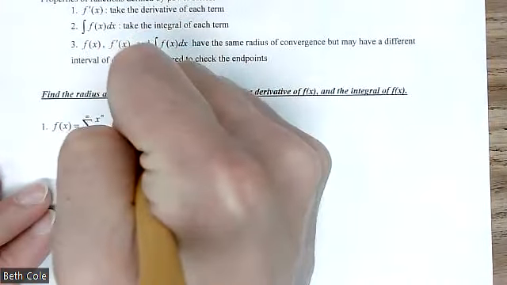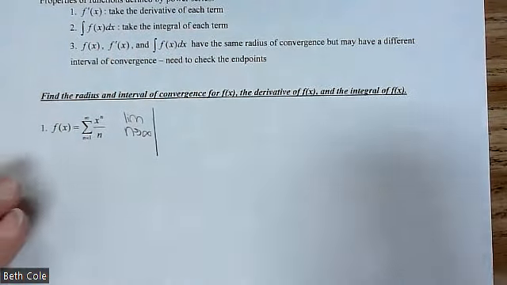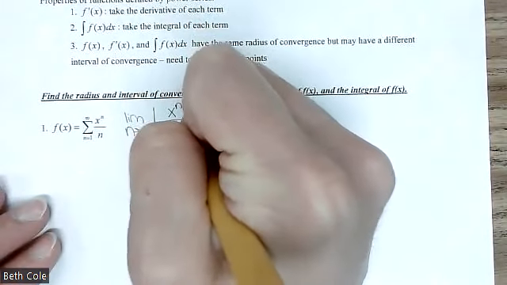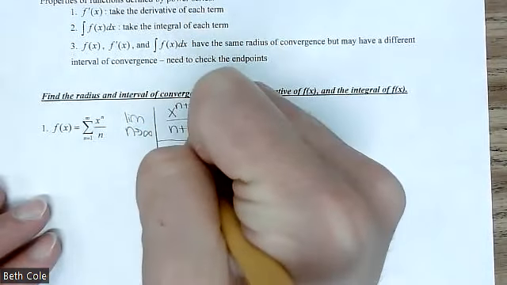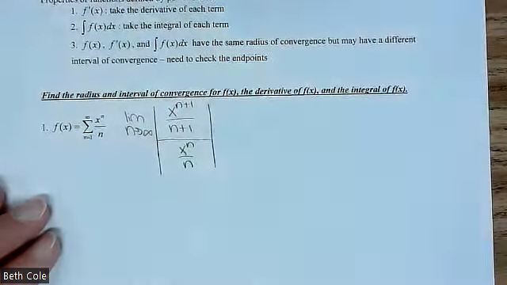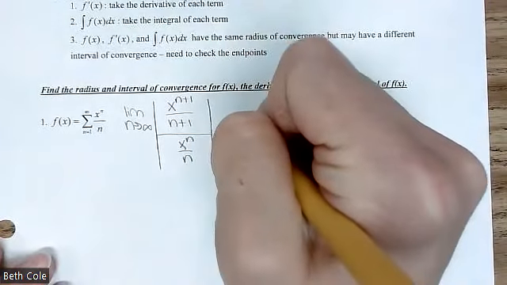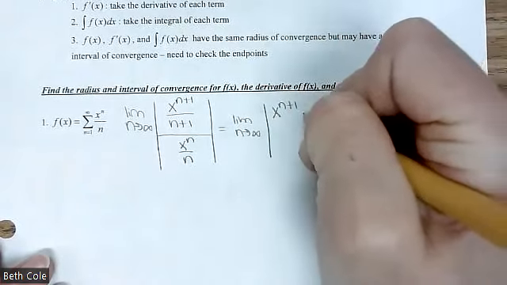Here we go. Limit as n goes to infinity. And on the top, you're going to have x to the n plus 1, and then over n plus 1. And then that is over the series itself. And then we're going to reciprocate it.